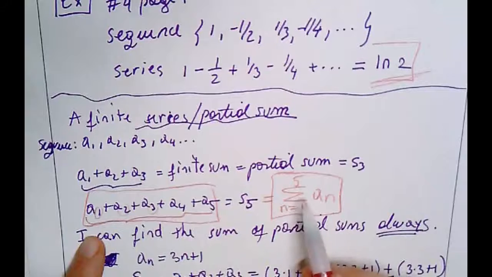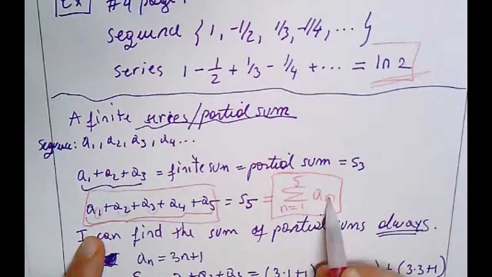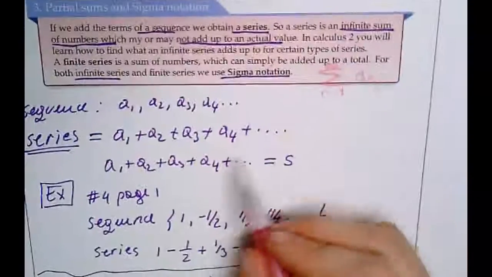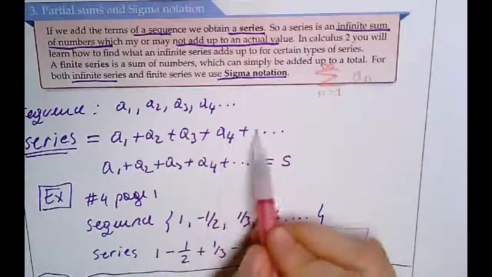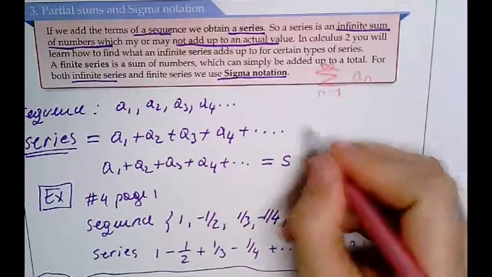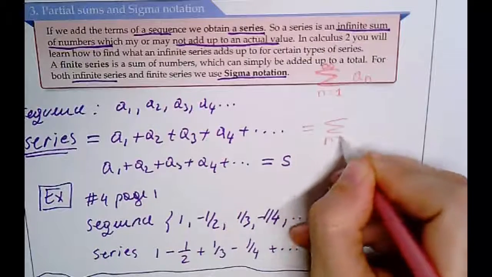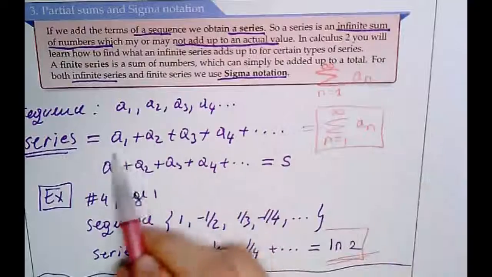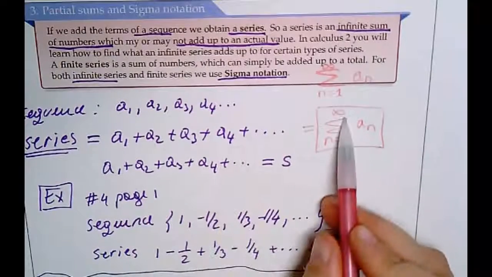Sigma just means add all these up. When n equals 1, when n equals 2, so a1 plus a2 plus a3 plus a4 plus a5, stop there. If you're looking at an infinite series, when you're adding infinitely many terms, you're just going to say this is summation from n equals 1 to infinity of an. So instead of writing all of this, you would write this.